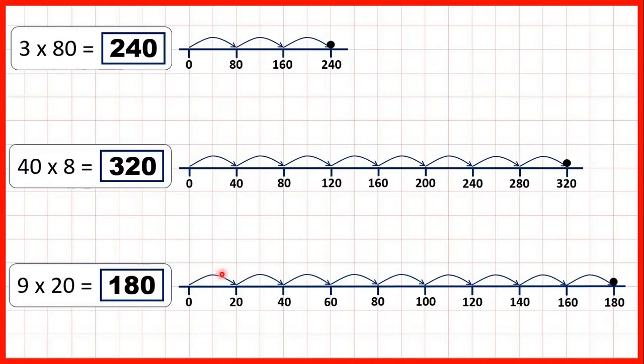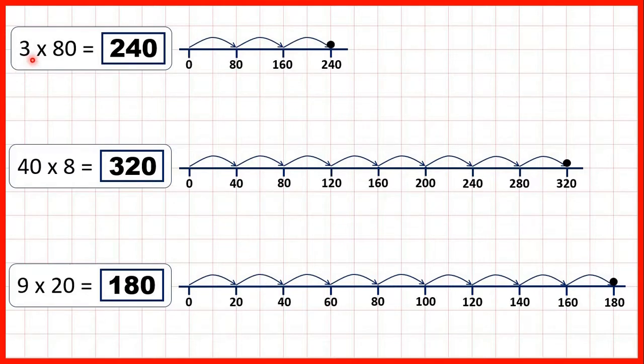So because we've added 20 each time and we've made 9 jumps, we know that 9 times 20 is 180. And again, we can see counting in steps of 20 or counting in steps of 2 tens is just like counting in steps of 2, but then with a 0 on the end.